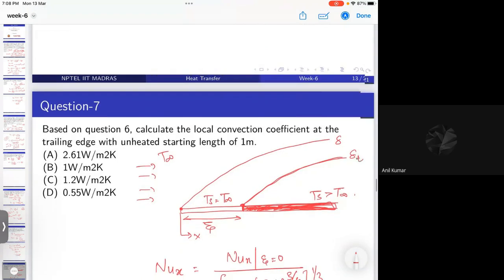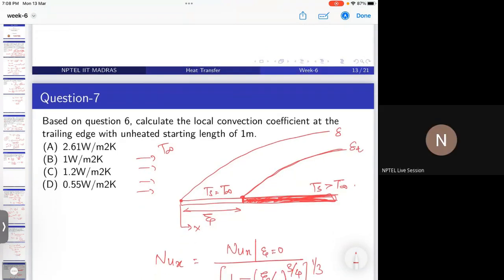There is a problem in the question. You can take the length as 2 meter in this question. The same condition with the 1 meter starting length and length of the plate as 2 meter.